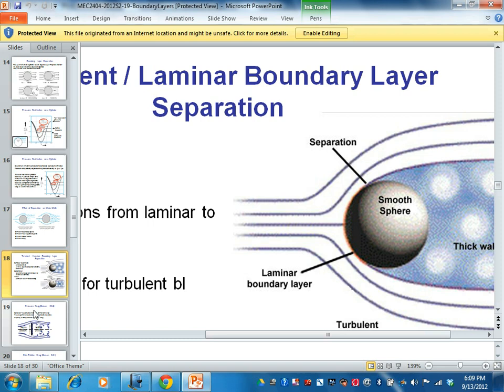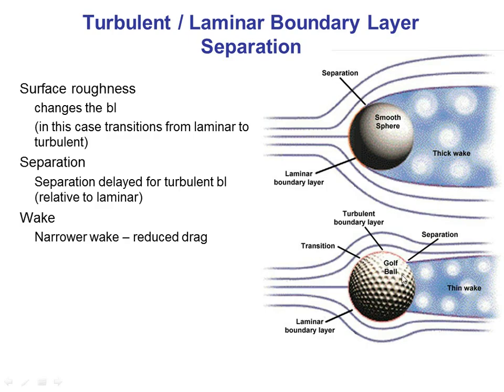If you have a smooth golf ball, your drag will actually be higher than if you had a golf ball with dimples. So if you're at the transition to turbulence stage, it's very good to instigate the turbulence to reduce the drag.